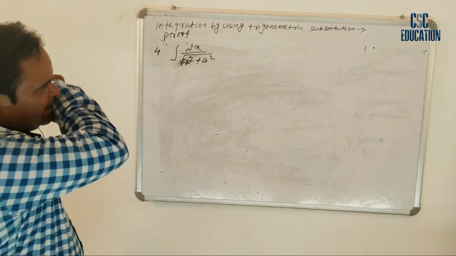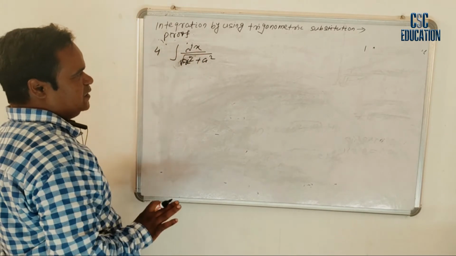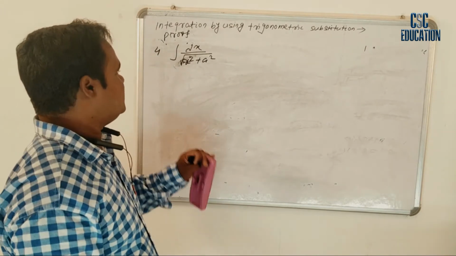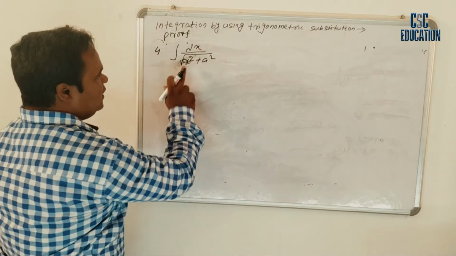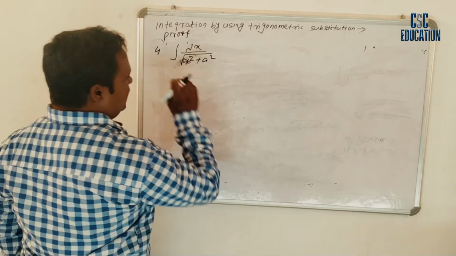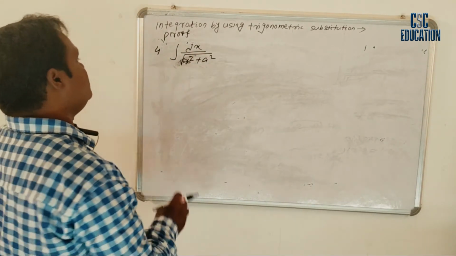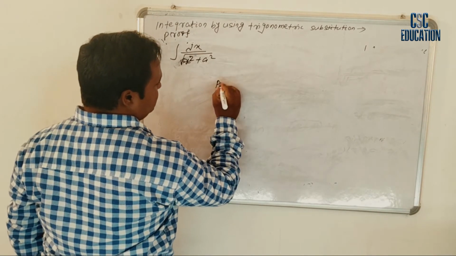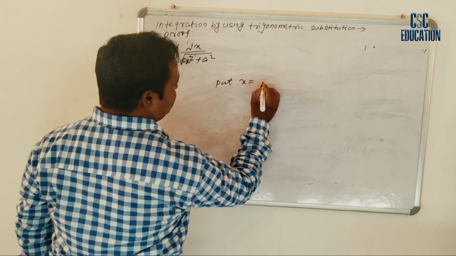Okay, here not x square minus a square or a square minus x square, which would mean sine inverse of x. But here x square plus a square is in the root over factor. Okay, alright. Now that is the most important formula. So first we put x equals a tan theta.